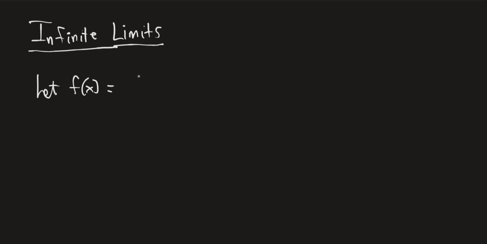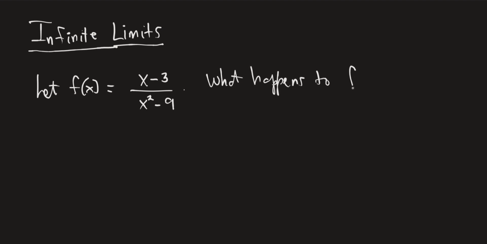I'm just going to take the function f of x equals x minus 3 over x squared minus 9, and we're going to ask ourselves this question: what happens to f of x as x approaches, let's say, negative 3?